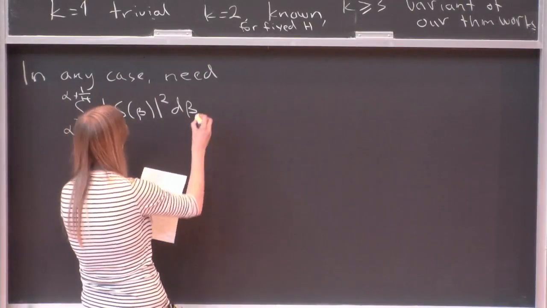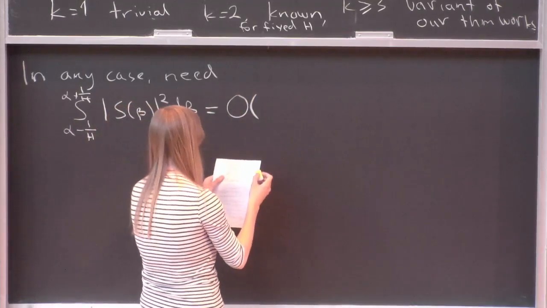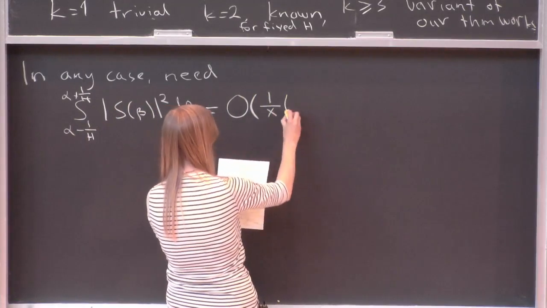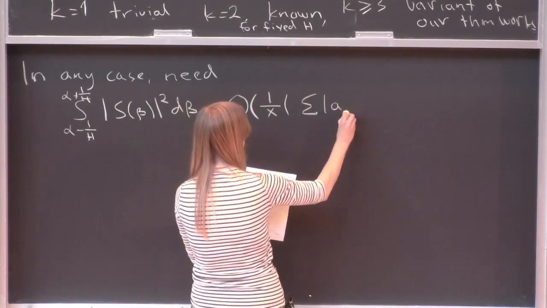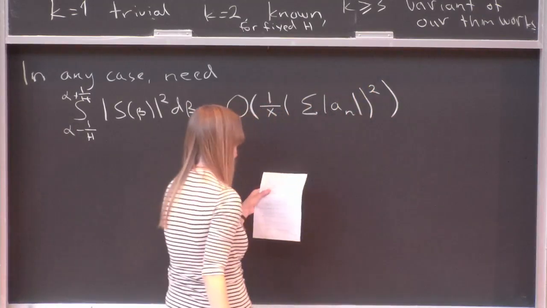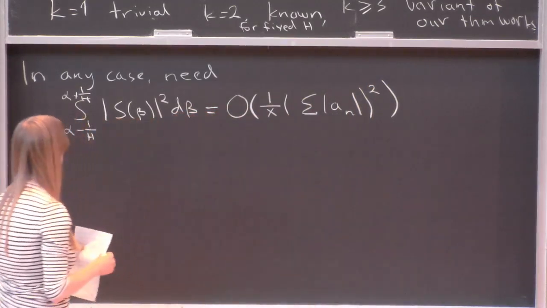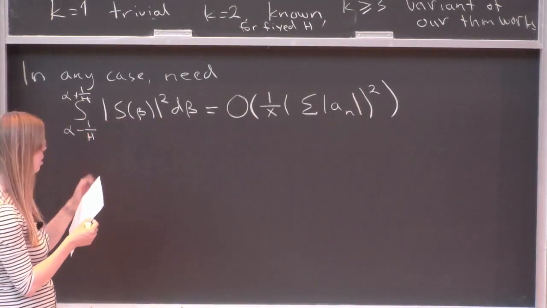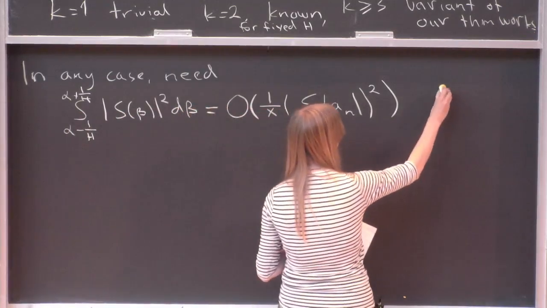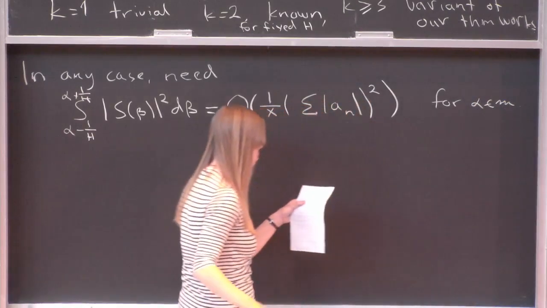It's a bound like big O of 1 over x times the sum of a_n squared. Anyway, we have to have some non-trivial saving here. And we need it for all alpha in the minor arcs.